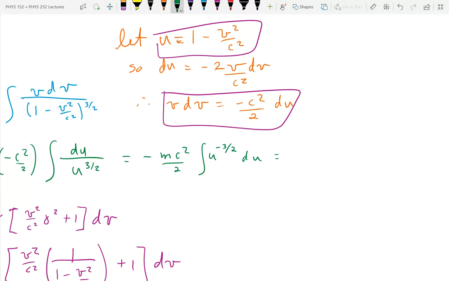You subtract one. Integrate, you add 1. I'm going to write it this way.